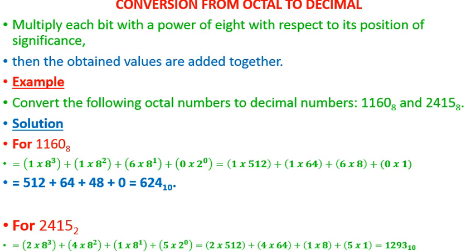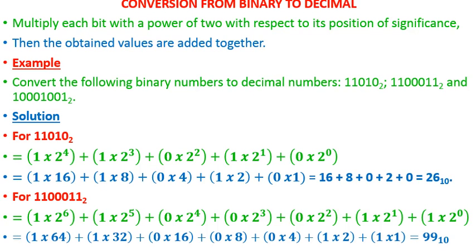Now the next thing is the conversion from base 8 to base 10. If you want to do that, just follow the example we have given above for converting base 2 to base 10. Here we multiplied each bit by powers of 2.